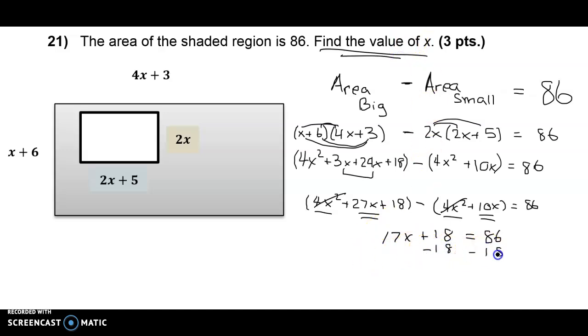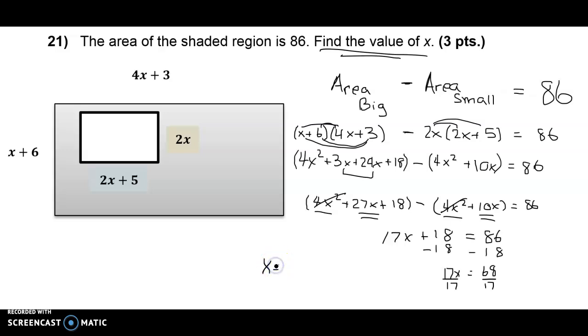Just do some back to unit 1 of this section, or of this year. So I get 68 equals 17x, and divide. So what do I get?